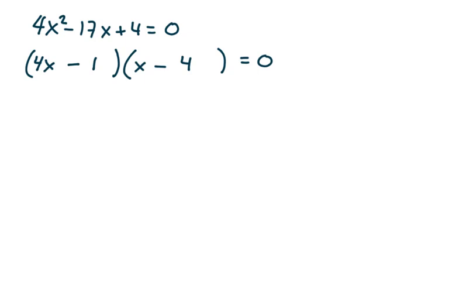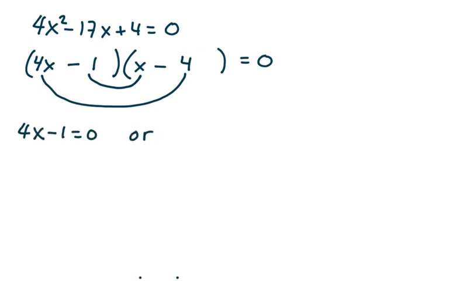And if you notice, negative x minus 16x is equal to negative 17x. So that would be the correct way to break it down. And so that tells me 4x minus 1 equals 0, or x minus 4 equals 0. And so x is equal to 1/4, or x is equal to 4.